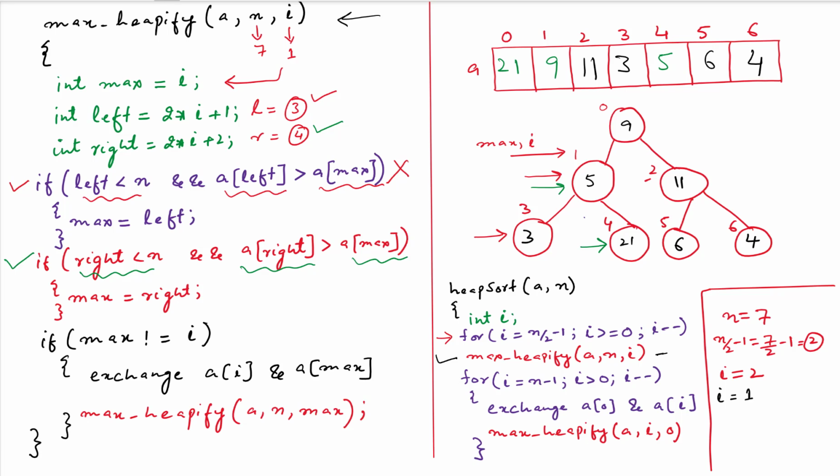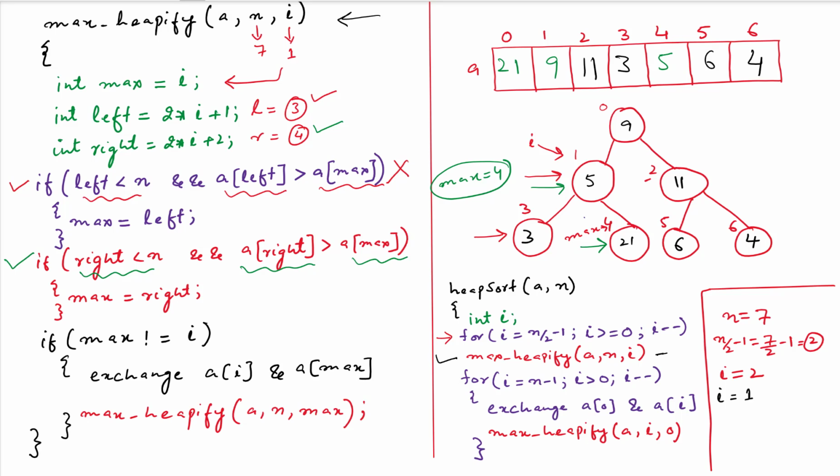So max will be updated, and now max will have value equal to 4, and max is no more having this value 1, but I is still having this value 1, and max is having value 4.